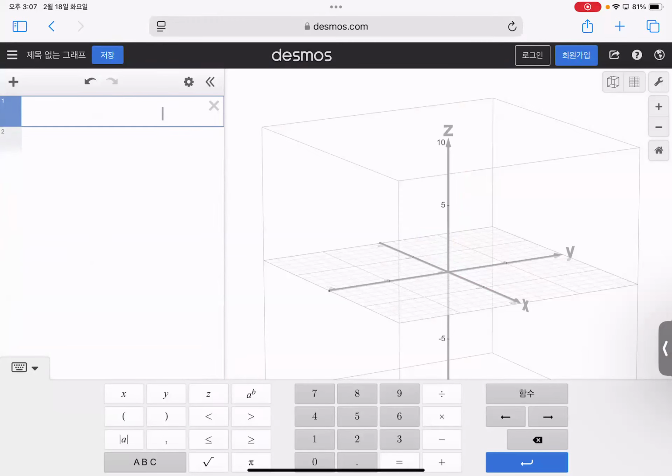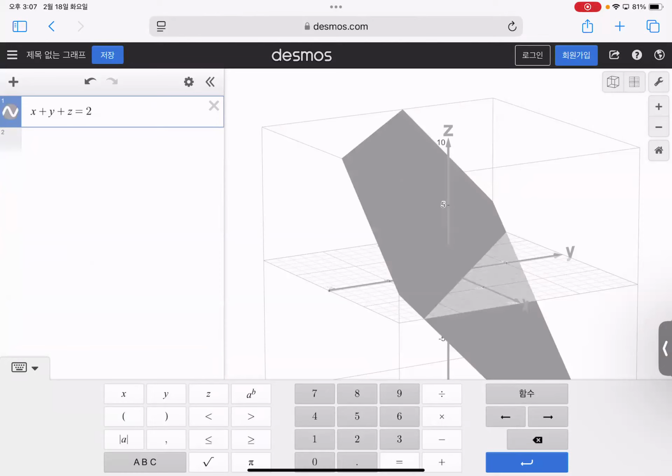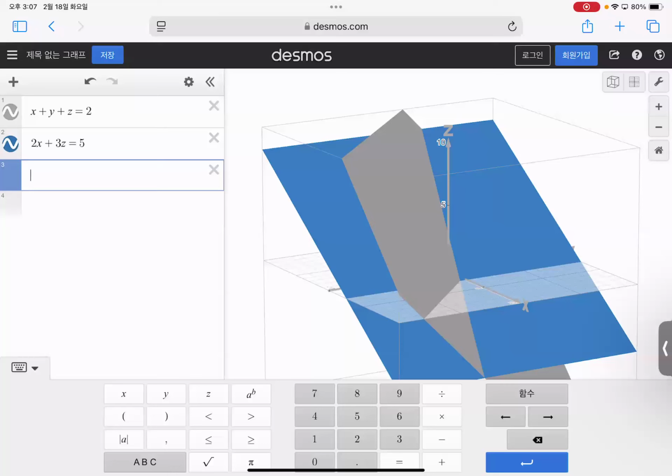I am using x, y, z instead of u, v, w. The first equation was this, and the second was that, and the last one, 3x, y, 4z is 6.